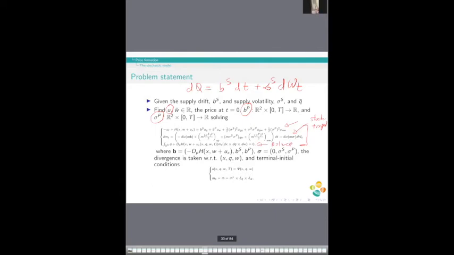And the difference here, and for this formulation to work, is that you need to find a solution in this extended space. So U is a function of your state, the supply, the price, and time.